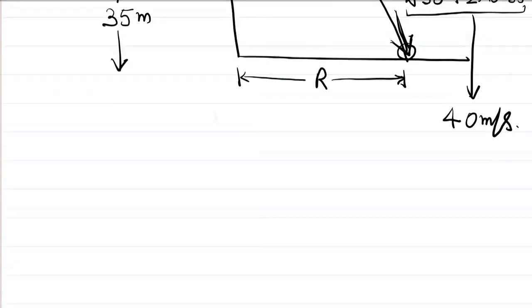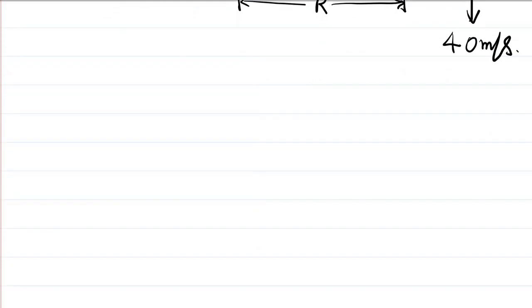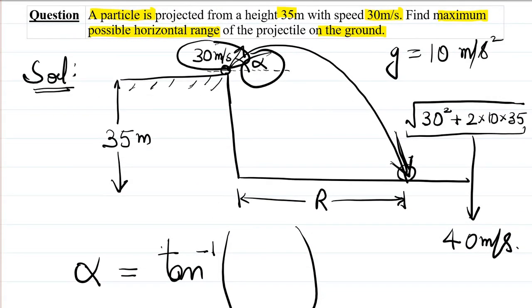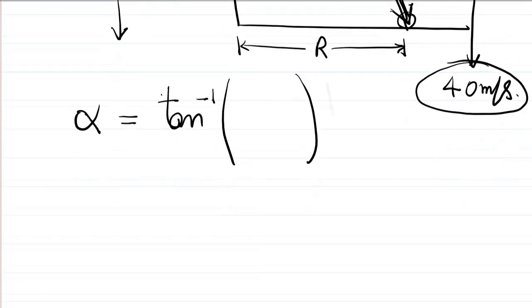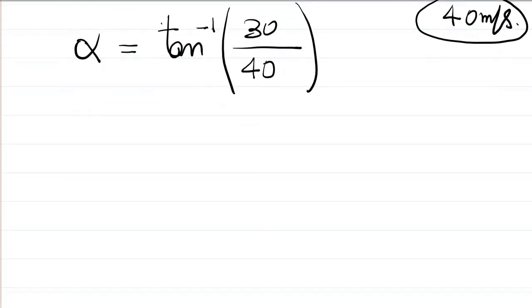That angle alpha that I just mentioned, the value of alpha for which the horizontal range is maximum, that we have just developed the concept for, is tan inverse of the speed with which the particle was projected initially, 30 meter per second, and then the speed with which the particle lands on ground as 40 meter per second. So the values must be written in numerator and denominator as 30 meter per second and 40 meter per second. I have omitted the unit so that they get cancelled. So the value of alpha is simply equal to 37 degrees.